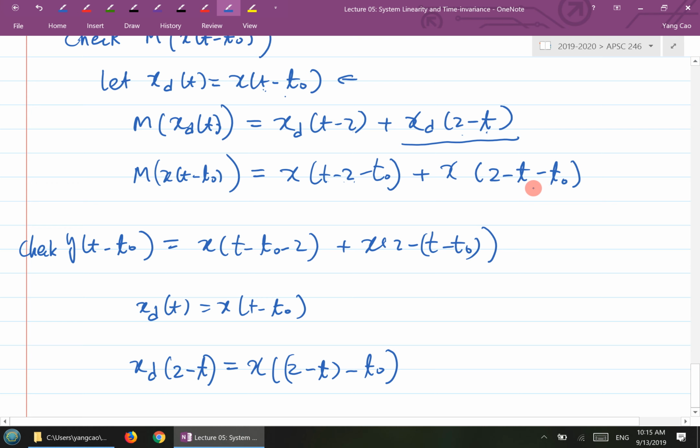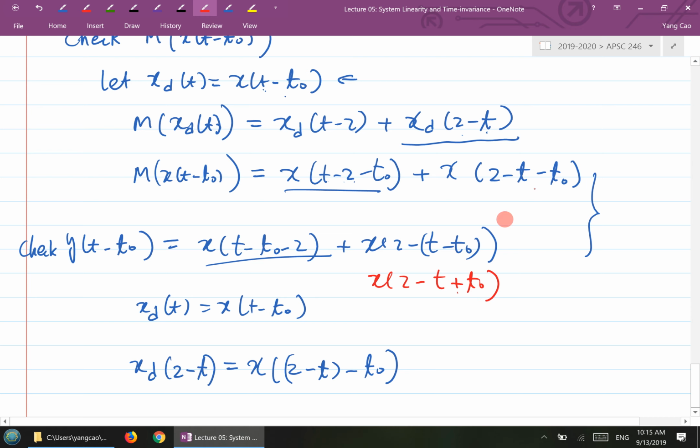Is that good? So now you can check these two out of here. Don't be confused that they look like the same actually, especially the first term. Look at the first term. This is t minus 2 minus t naught. This is t minus t naught minus 2. The first term checked out, right? But the second term here, this one is x of 2 minus t and then plus t naught.